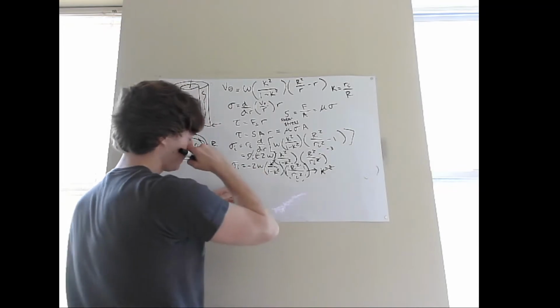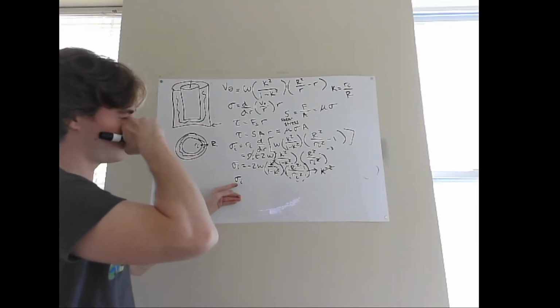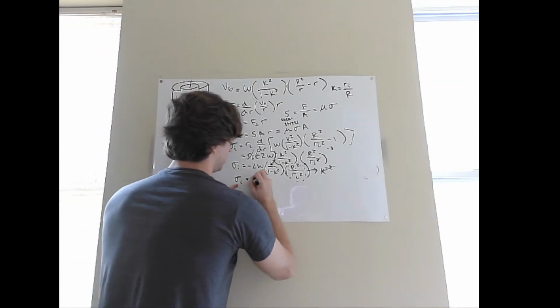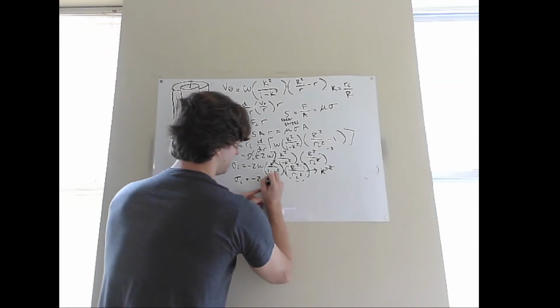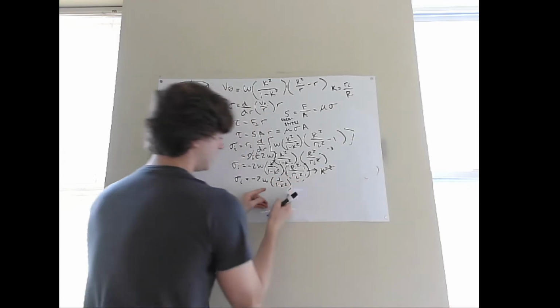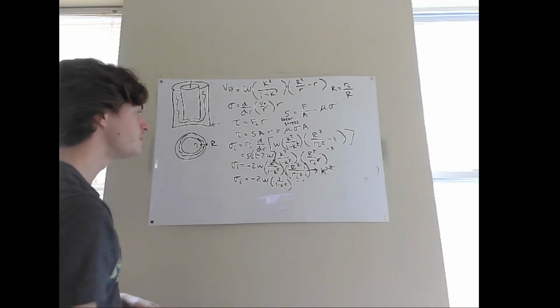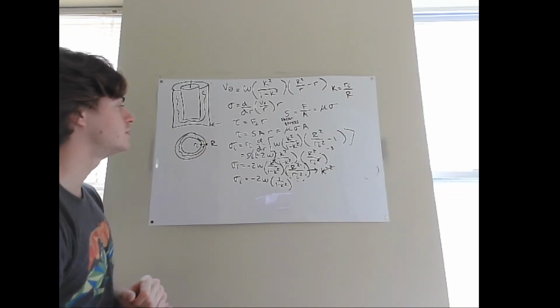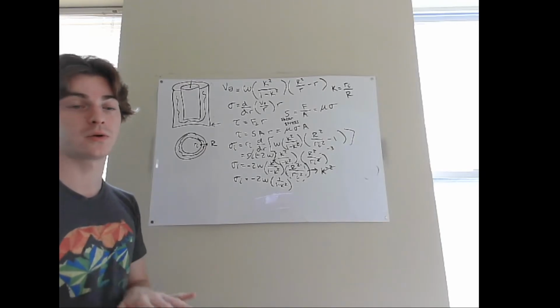So the shear rate for the inner cylinder is going to be equal to negative 2 times omega times 1 over 1 minus k squared. And that cleans up nicely. So now we can plug this back into our torque equation to get the torque for the inner radius.